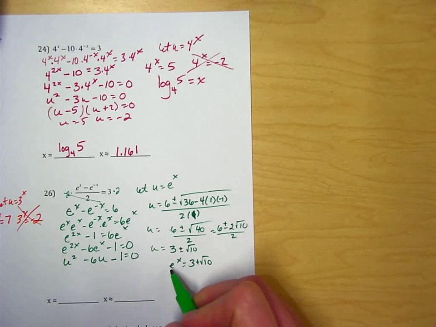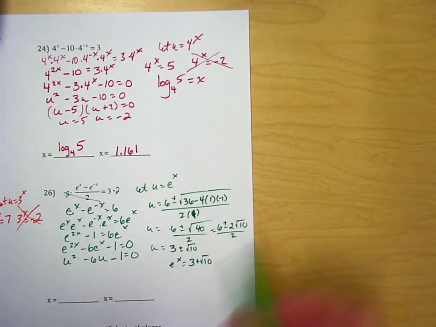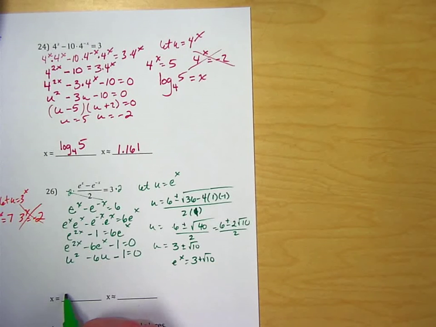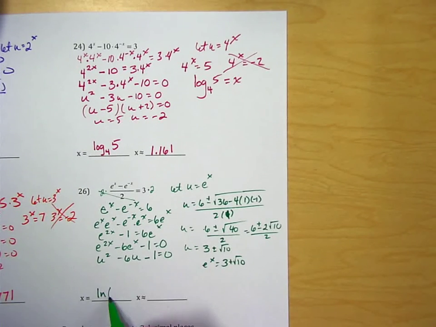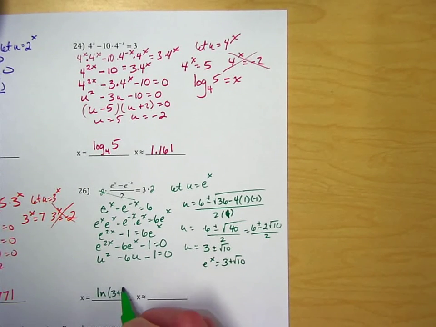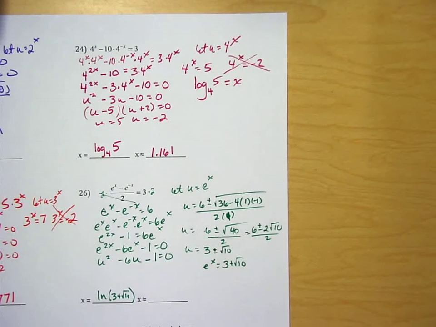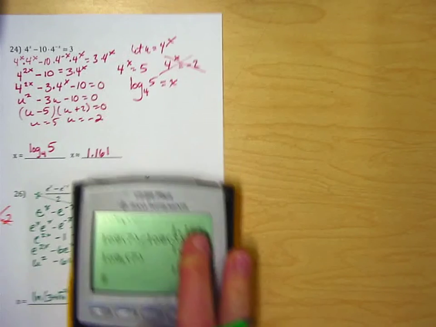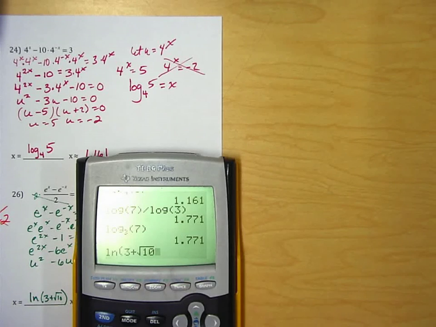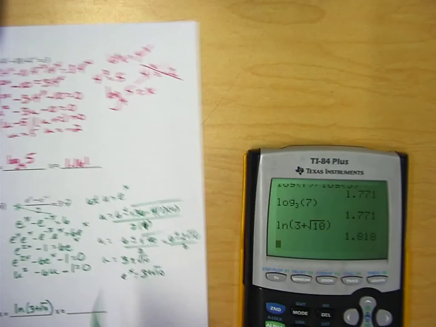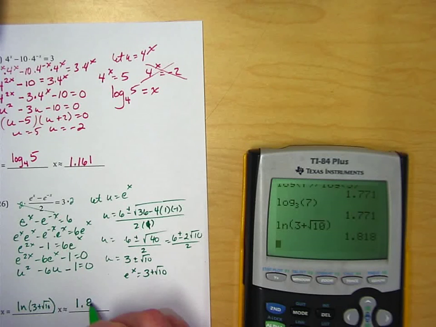So I get log base e, which is the natural log, of the number 3 plus root 10, and then that equals x. So we can just type this in, 3 plus root 10. Make sure to end the parentheses there, and then we get 1.818.